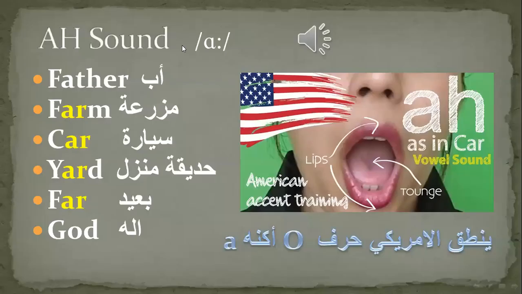So today's sound is ah. It is pronounced as in father, farm, car, yard, far, and God. Can she pronounce that? Lau, can you repeat the words with the ah sound, like father, farm, car, yard, far, God. Okay. Father, far, car, yard, far, and God.